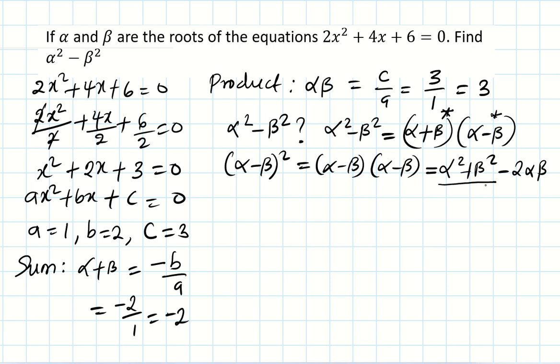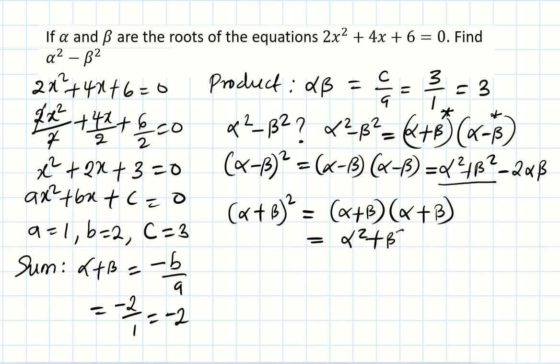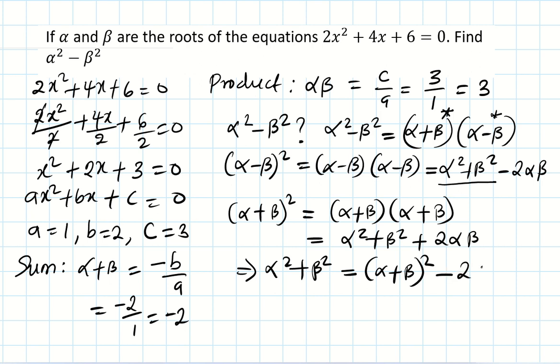To find this, we need to expand (alpha plus beta) squared, which is (alpha plus beta)(alpha plus beta). On expansion, this is the same thing as alpha² + beta² + 2 alpha beta, which implies that alpha² + beta² is equal to (alpha plus beta)² − 2 alpha beta.